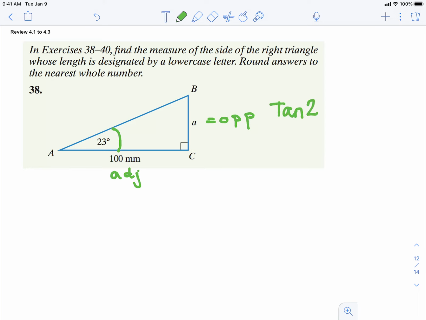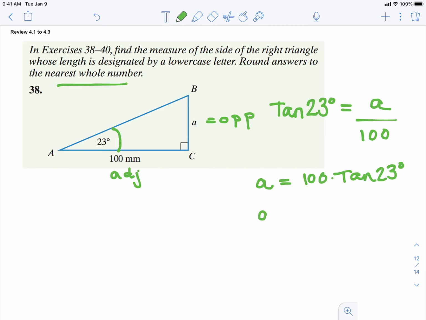So we say the tangent of the angle, opposite is A, adjacent is 100. And then we solve for A. So to solve for A, we're going to multiply both sides by 100. And then you're going to round to the nearest whole number. So you want to make sure your calculator is in degree mode.